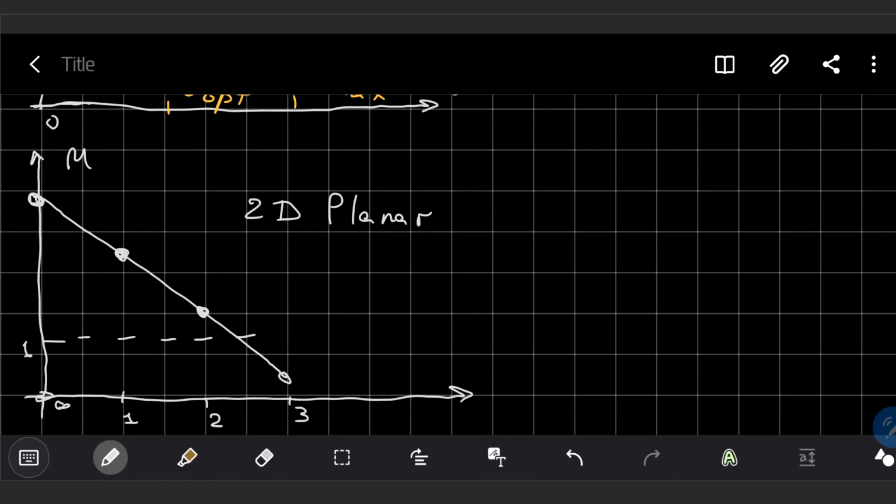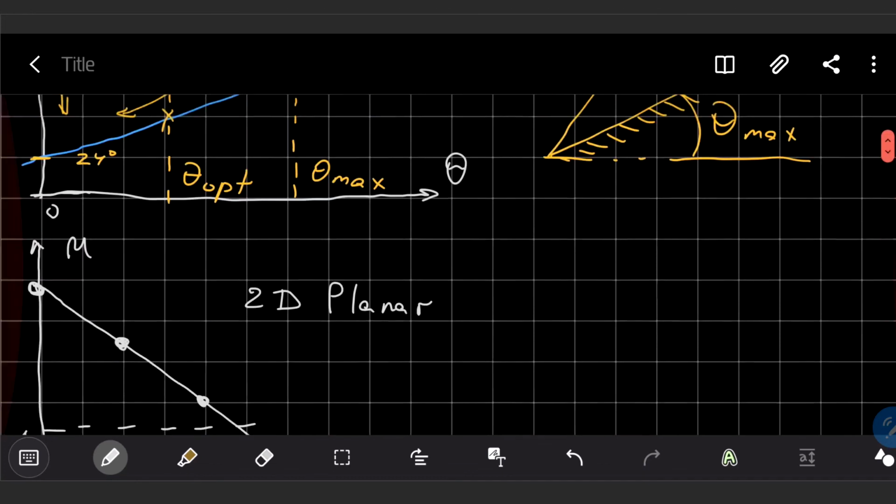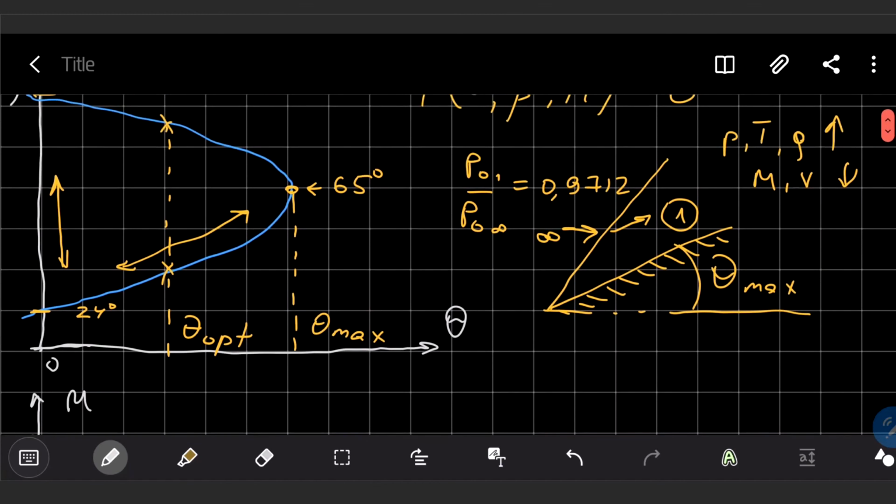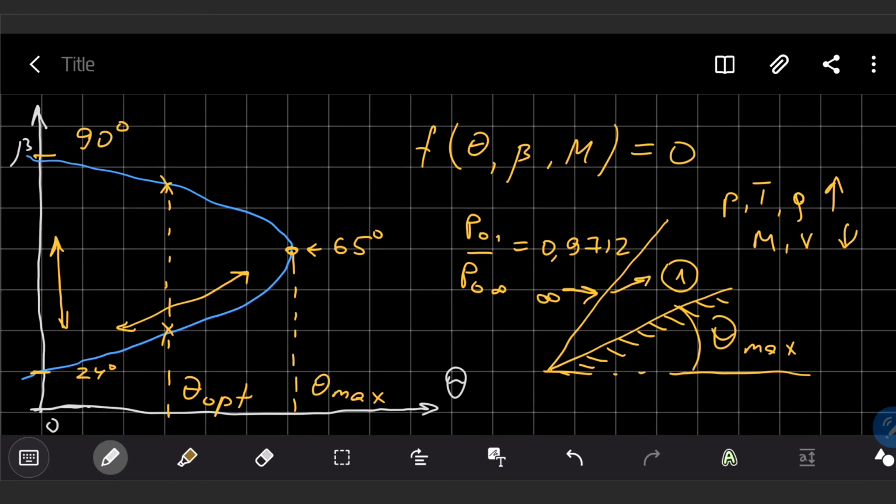About the exact values of the optimal shock wave and the optimal geometry angle, you can find these values in the literature. From the internet, you can definitely find the literature and find the optimal values for any Mach number. Basically, the optimal theta will depend on two factors.